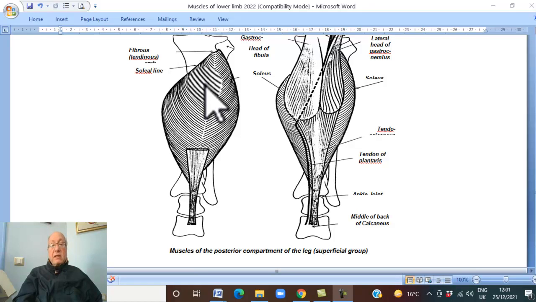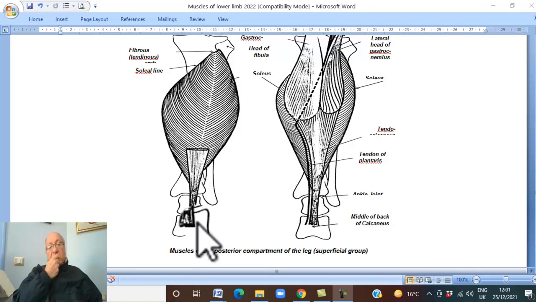Because soleus has an action on the ankle joint only, what is the main plantar flexor? Soleus, which has one action only on the ankle joint, is the main plantar flexor.